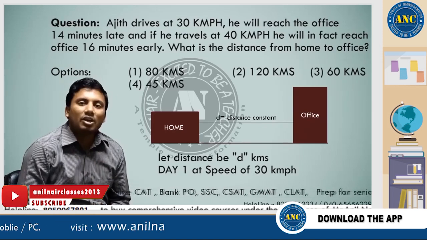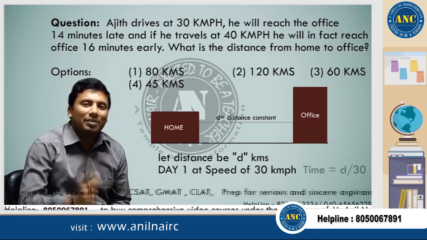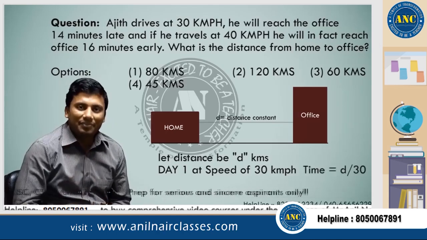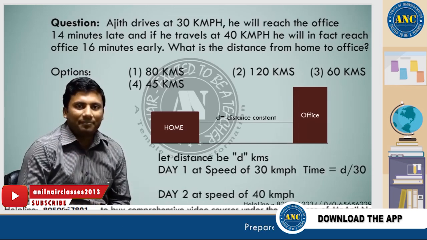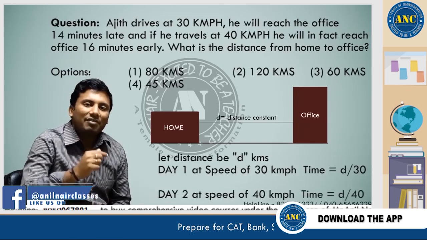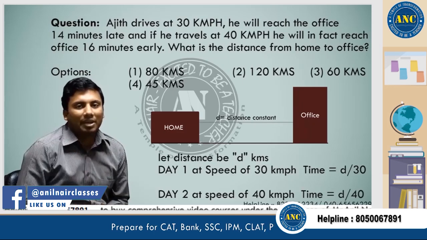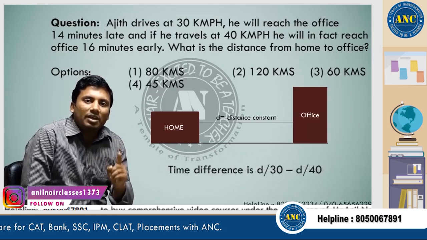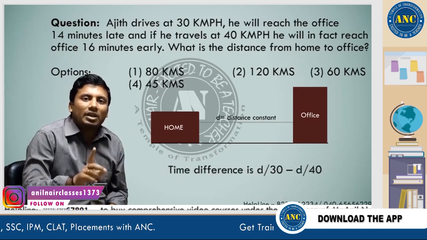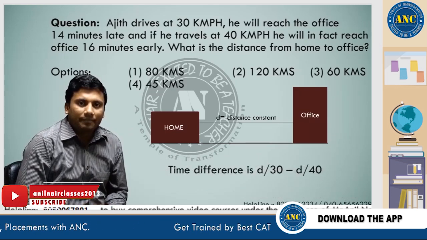Distance is d kilometers, so time will be d by 30. Second day, he travels at 40 kilometers per hour. Therefore, his time will be d by 40. The difference in the time periods will be d by 30 minus d by 40.